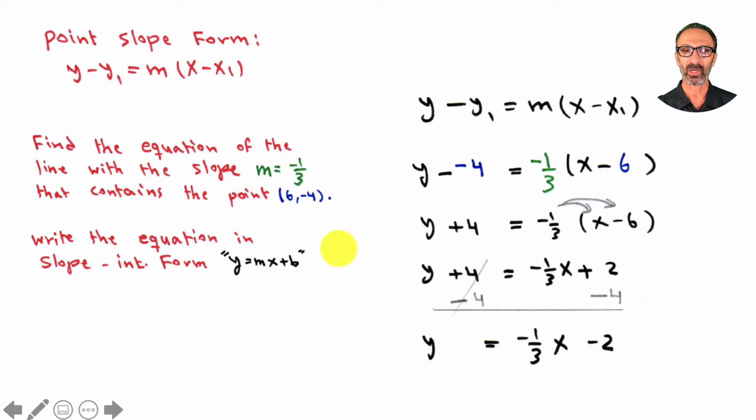To solve for y, because they want me to write it in y equals mx plus b, I'm going to subtract 4 from both sides and leave y alone. This cancels. 2 minus 4 is -2, and this will go down, and that should do it. y equals -1/3 x minus 2.